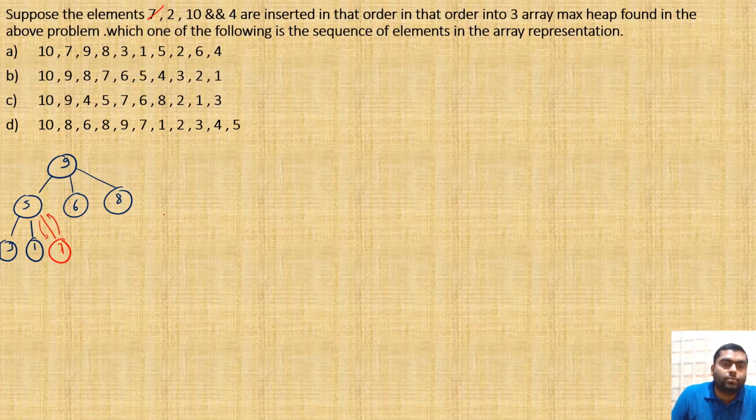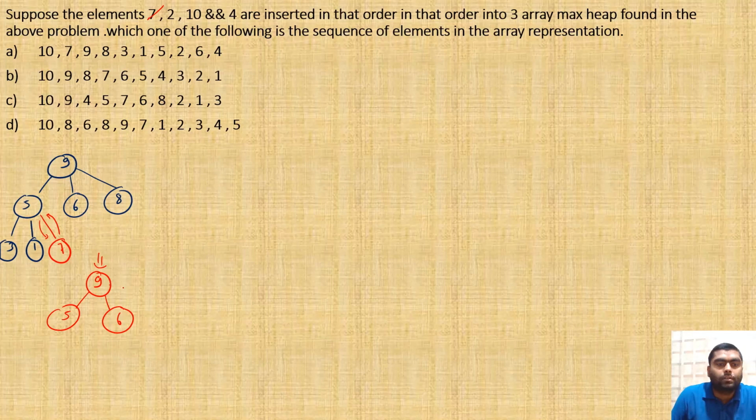The resulting tree will be 9 and 5, and 6, and right is 8. Now 5 is interchanged with 7, and left is 3, and this is 1, and this is 5.